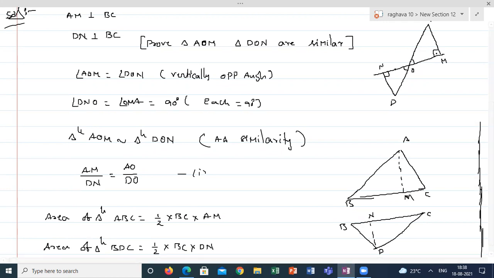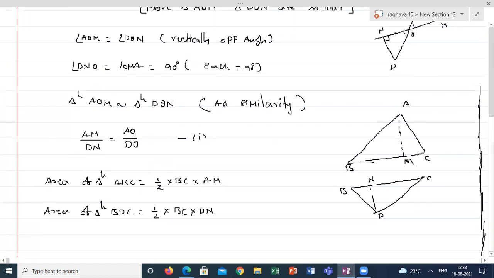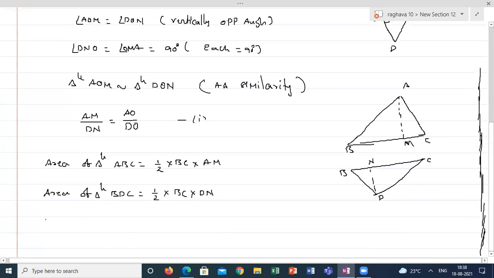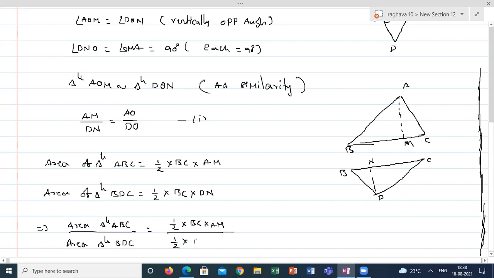If I take the ratio of the areas of these two triangles, area of triangle ABC divided by area of triangle BDC will be equal to half into BC into AM over half into BC into DN.